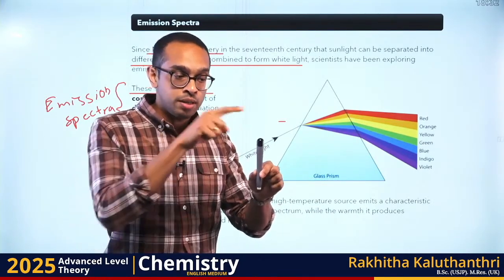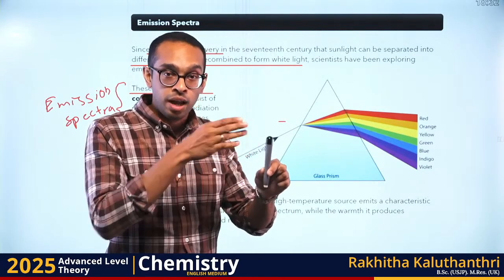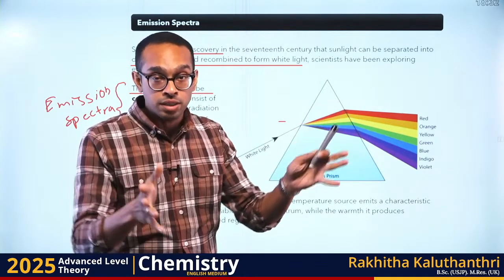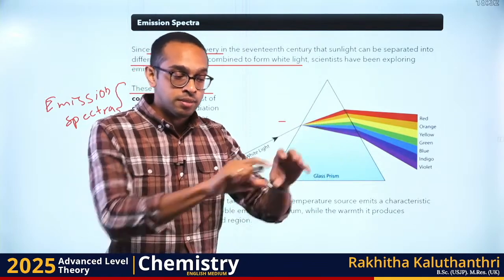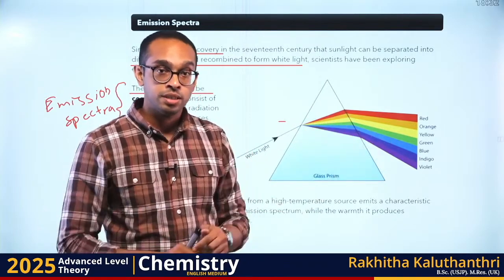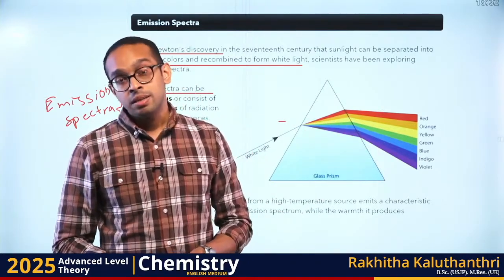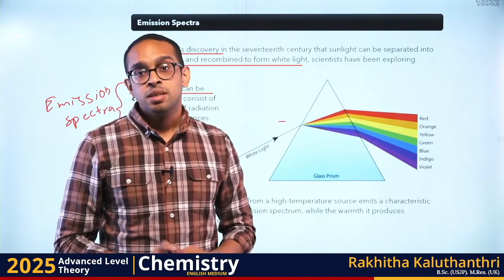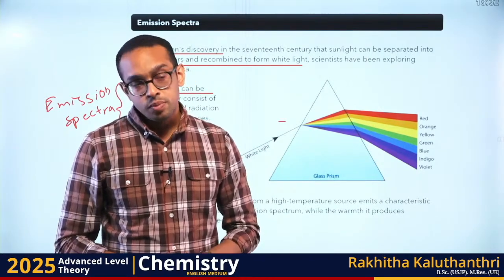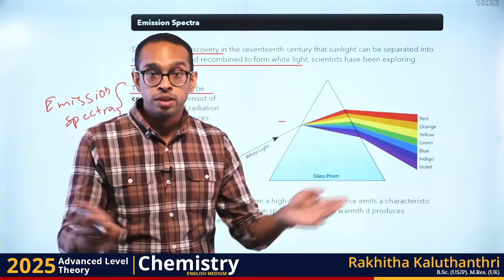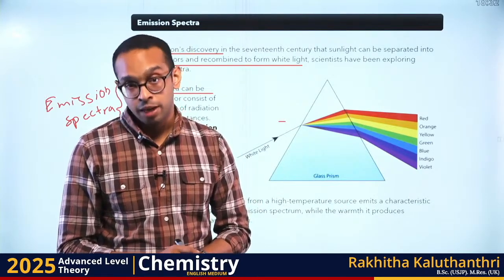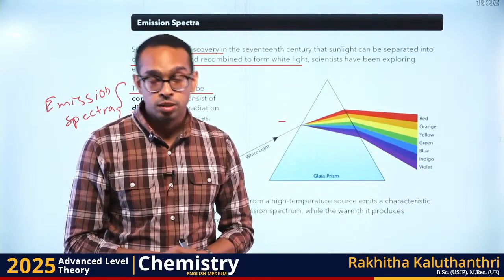I provided this vial of hydrogen gas energy, and then it started emitting radiation, and analysis of the radiation that is emitted by this particular vial can be referred to as an emission spectra, or range of all of the frequencies taken into a scale can be referred to as emission spectra.